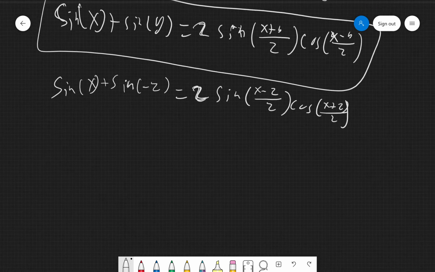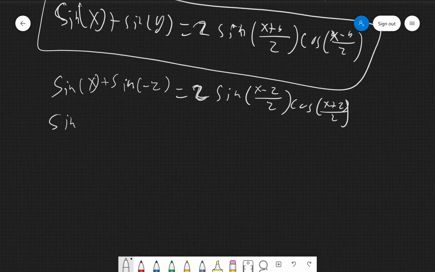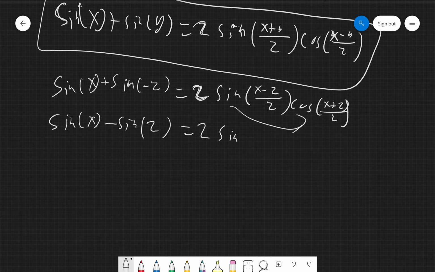Now what we can say is that's equal to the sine of x minus the sine of z equals 2 times the sine. We can actually switch these because the commutative property exists. We'll just write it like this because I like sine first.